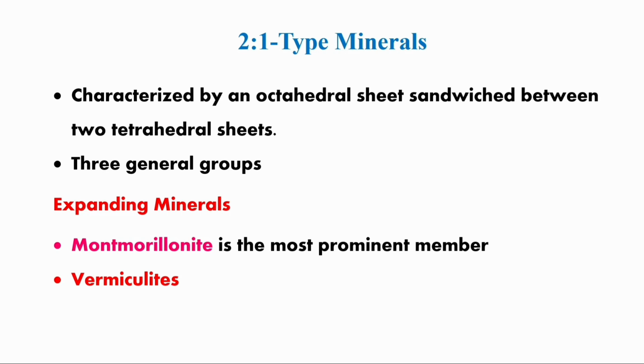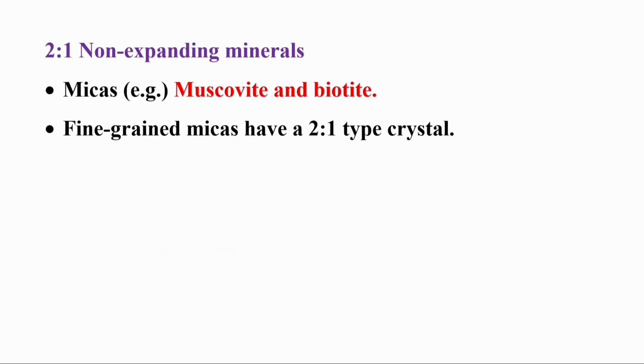Two types are, one is expanding and another is non-expanding mineral. The examples of expanding type are Montmorillonite and vermiculite. The examples of non-expanding type are micas, specifically fine-grained micas. The examples are muscovite and biotite.